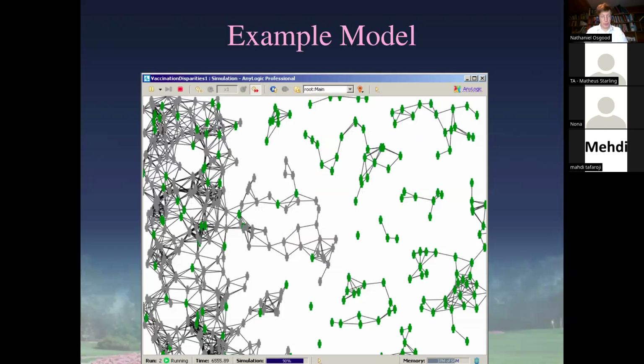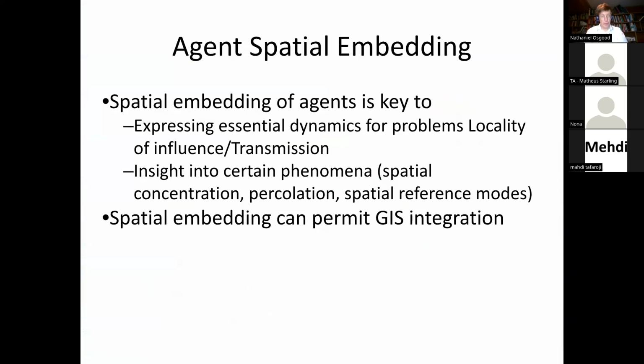Oops. Oh, okay. You folks were interested in spatial embedding. We'll be talking about it. Be aware this is a core, common and widely used need for agent-based modeling.